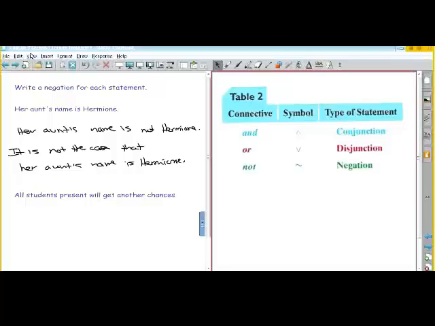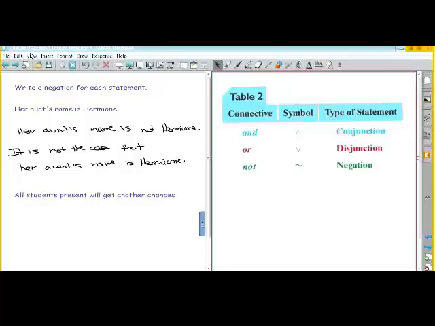Now, these connective words that we use, and, or, and not, have symbols which sort of look like the ones we use for set theory. We use the word and for intersections, we use the word or in a union sense, and not, what did we use there? It was the complement. So in set theory, it was intersection, union, and complement.